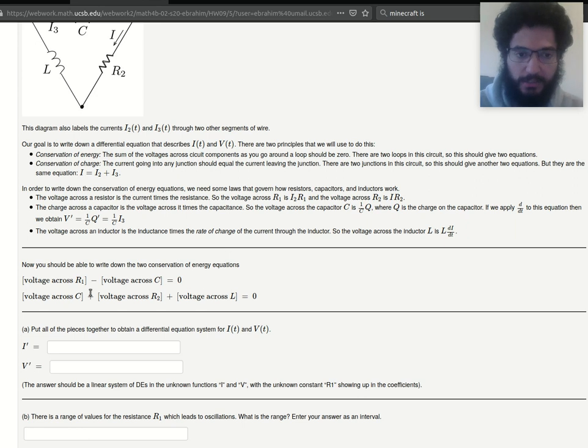So one challenge you'll face here is when you initially write down these things, when you just fill in what goes into the brackets, you're going to have, like say you put in voltage across R1, that's I2 R1, right? That has I2, this function of t, showing up. So that's not going to be good for trying to write down a differential equation system that only involves these two unknown functions, I and v.